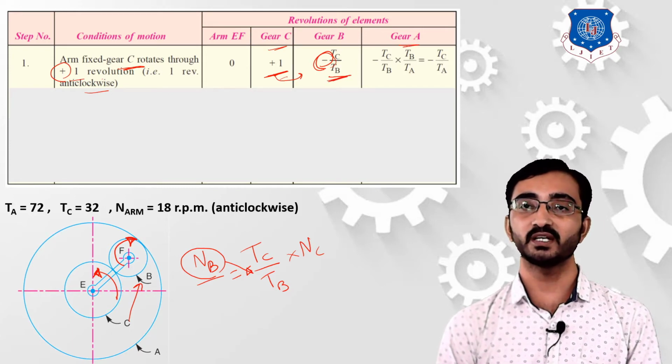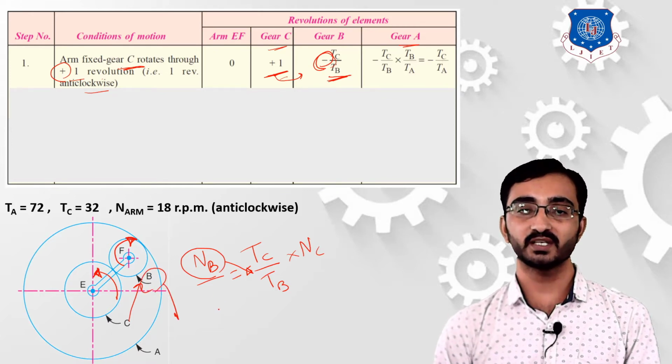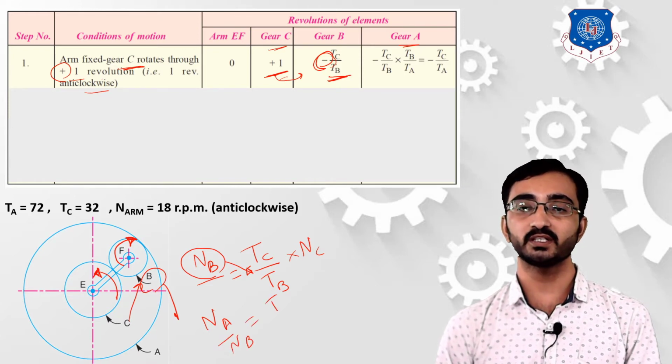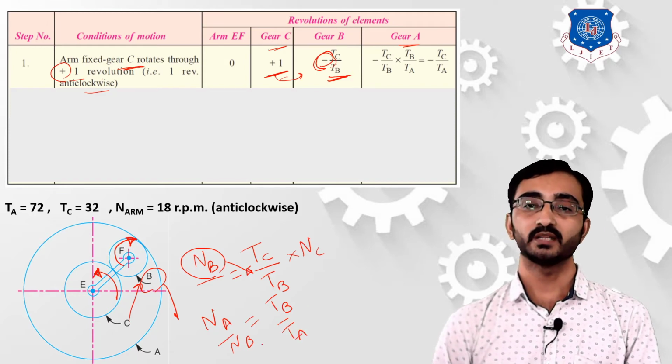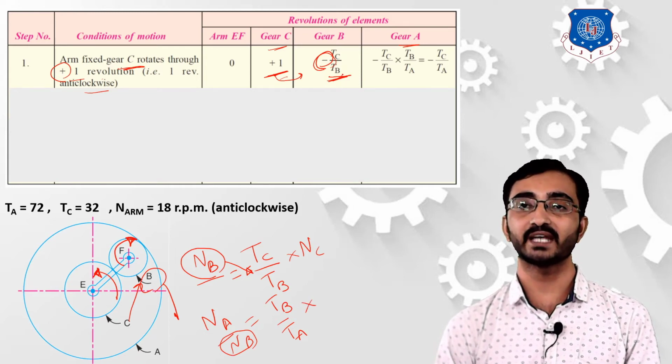Now the equation for gear A. Gear A is connected with gear B, so we can use the relation that speed of gear A upon speed of gear B is equal to teeth of gear B upon teeth of gear A. Here we have to consider the speed of gear B that we derived, which is minus TC by TB.